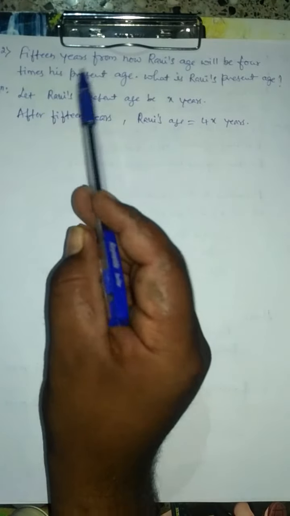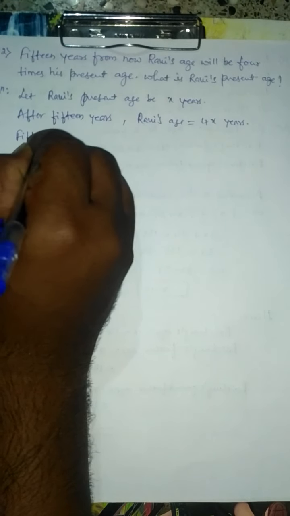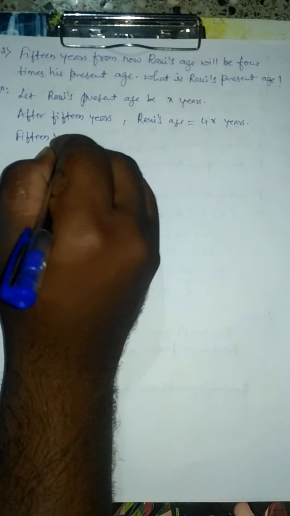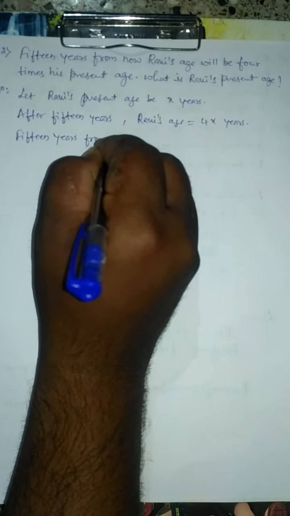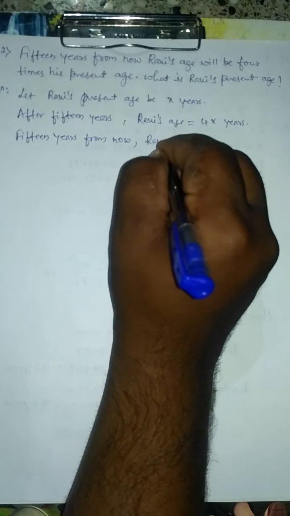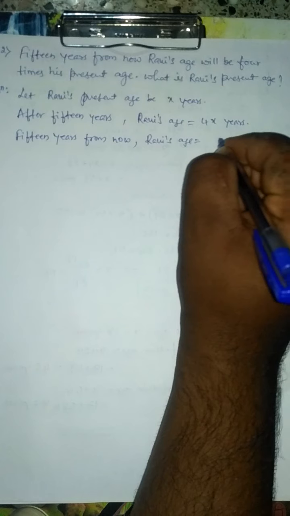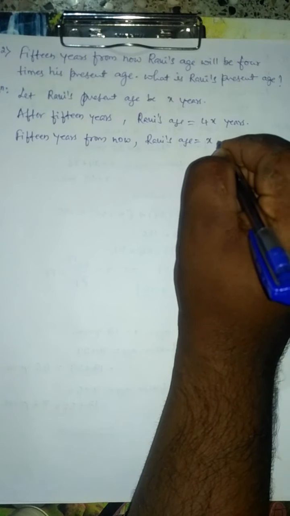Here one more condition is there: 15 years from now. 15 years from now means after 15 years. The present age is x. After 15 years, we have to add 15 years to his age.